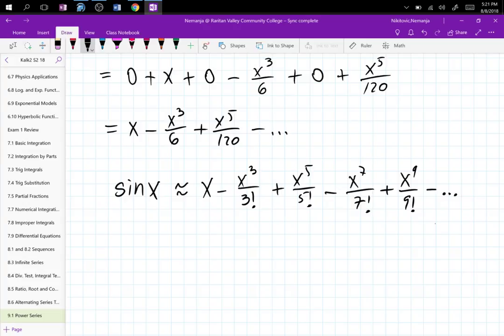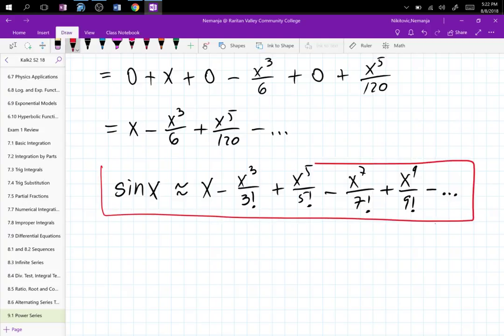There is a pattern there, as you can see. Observe that there is x cubed over 3 factorial and then 5 over 5. So this is your power series expansion for sine.